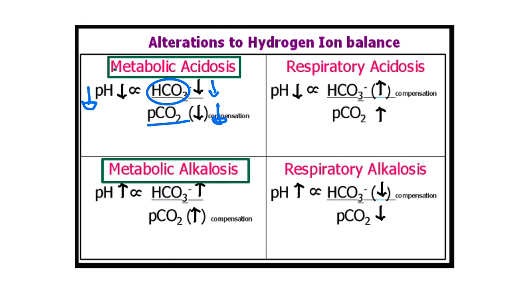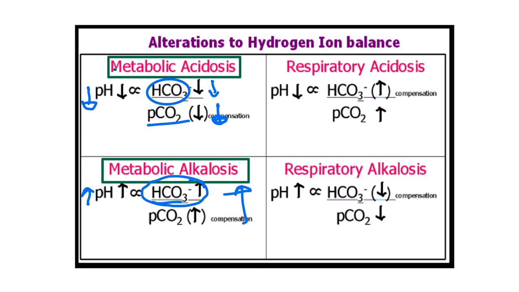So in metabolic cause, when pH reduces, all the parameters reduce, and in metabolic alkalosis, when pH increases, all the parameters increase. But the first response is the bicarbonate, because the bicarbonate level represents the metabolic cause. So when metabolic, first of all we have to look for bicarbonate level.